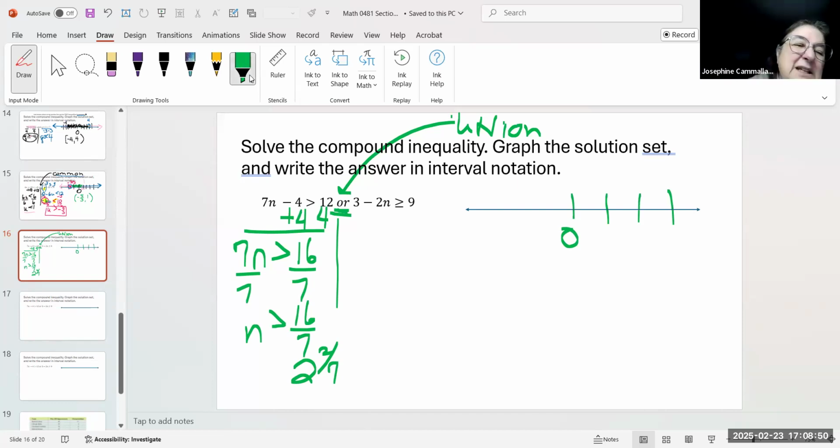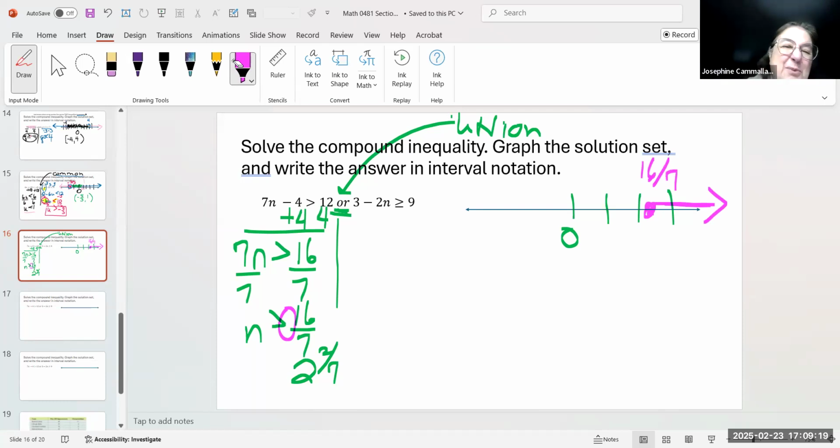So it's going to be right in there someplace. Maybe I should make it closer. Let's put it here. And notice which way the arrow goes. It goes in this direction. This is 16/7.